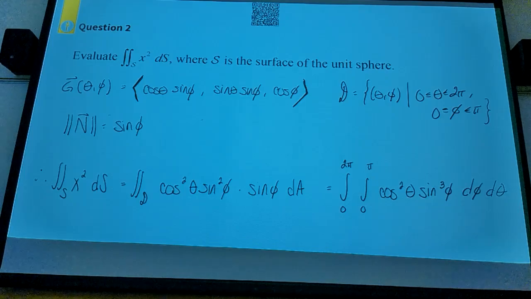Set that up as an iterated integral. Cosine squared theta sine cubed phi is the integrand.